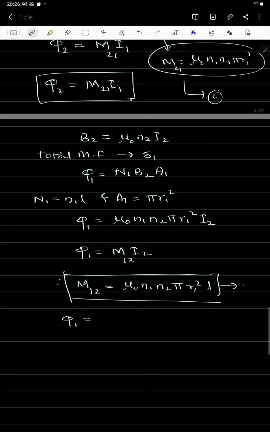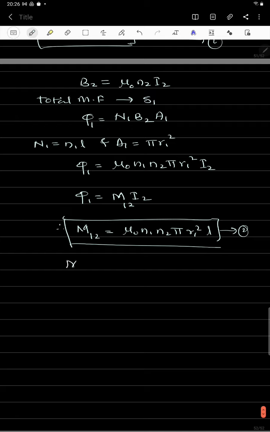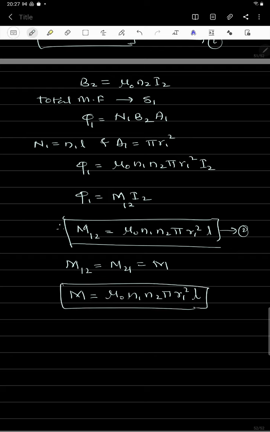Both are similar, so therefore we'll get M12 equals M21, so we'll write this as M. So the mutual inductance M equals mu naught n1 n2 pi into R1 square into L.